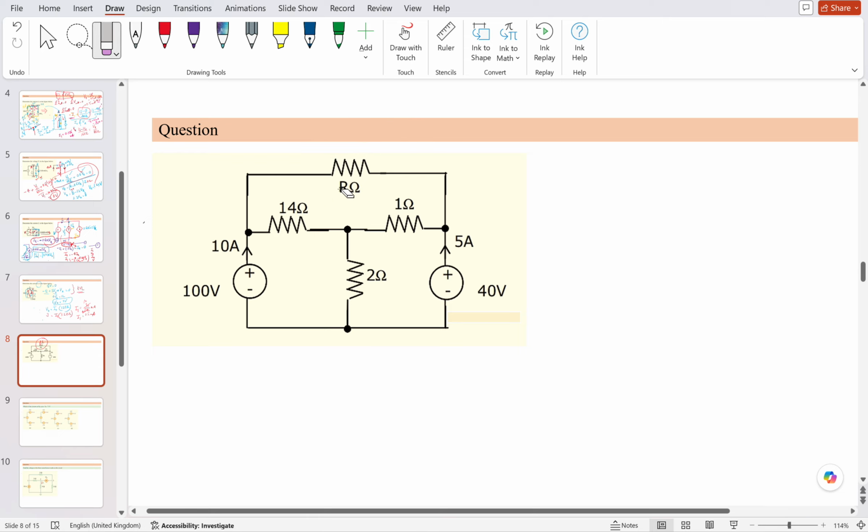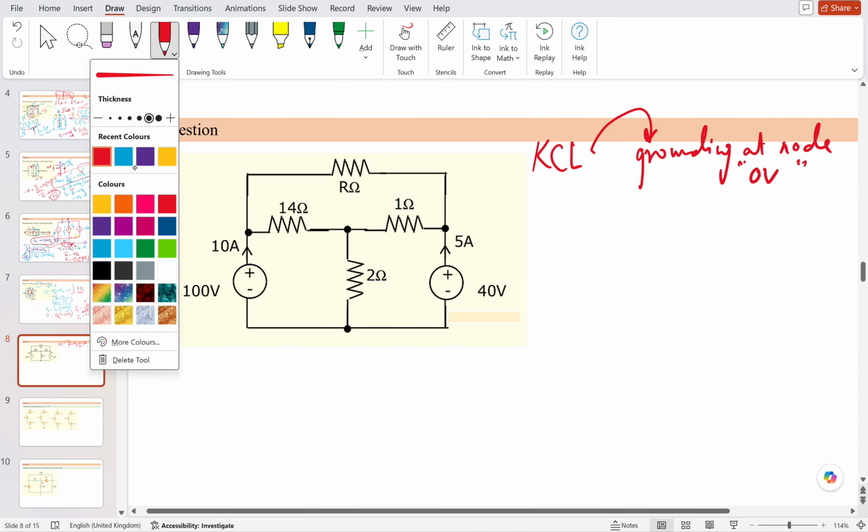So this problem is actually an advanced version of what we have seen in the previous questions. Here you just have to make some observations. While solving KCL, what we were doing was grounding one node, which comes at zero potential, 0 volt.